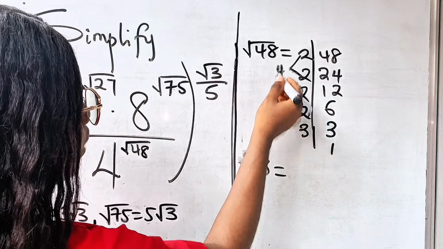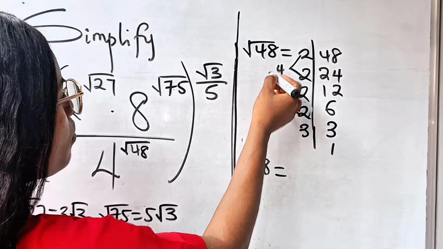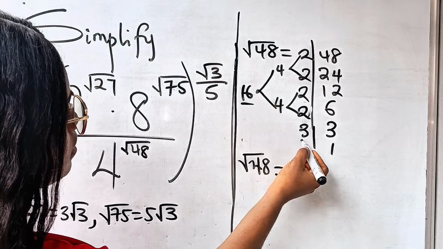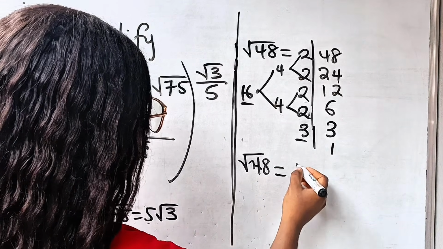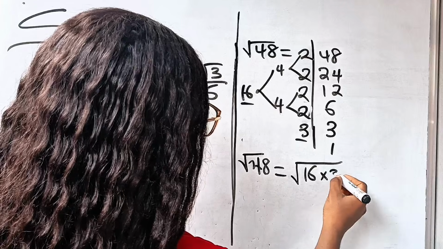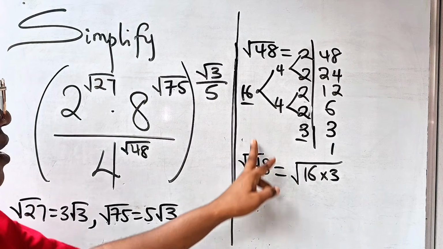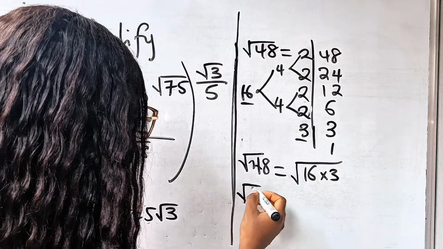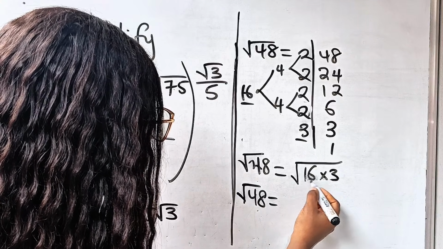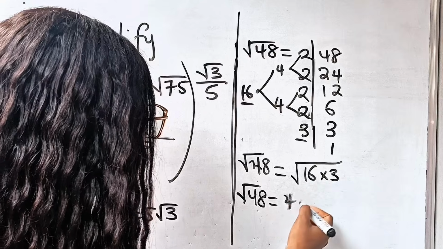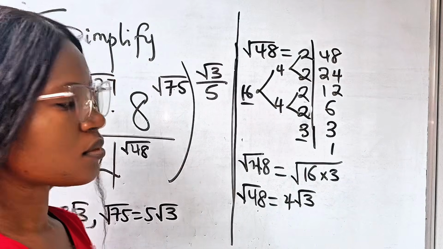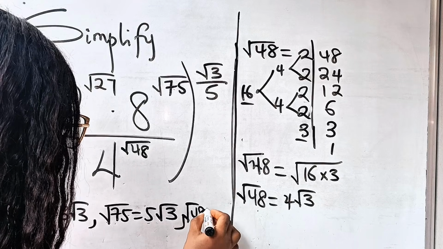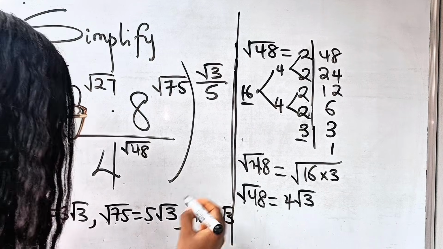And because we have two identical numbers again, we can bring them together. 4 times 4 is 16. So we now have 16 and 3. So we have 48 as square root of 16 times 3. So root 48 then is equal to root 16, which is 4, root 3, right? So we write it here. Root 48 is equal to 4 root 3.